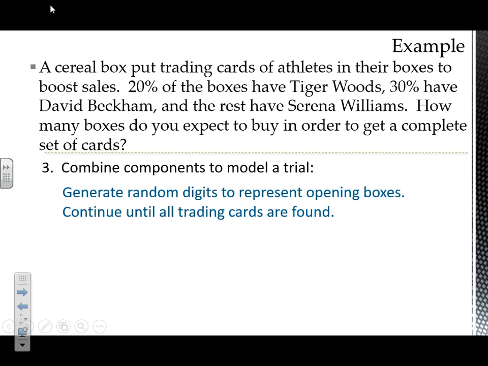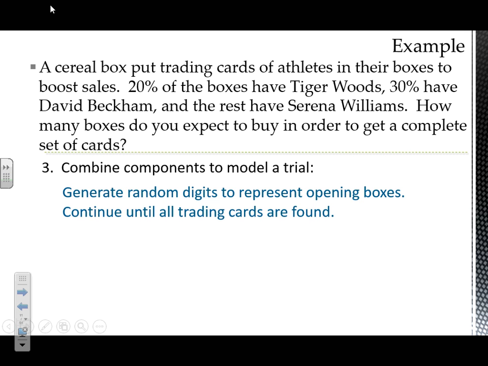So here, we're looking at what cards come up, but what we want to measure is the number of boxes it took us to get what we want. So we have the trial number, we have the cards that we're going to generate here, and then how many boxes did we have to open before we found all 3 cards.